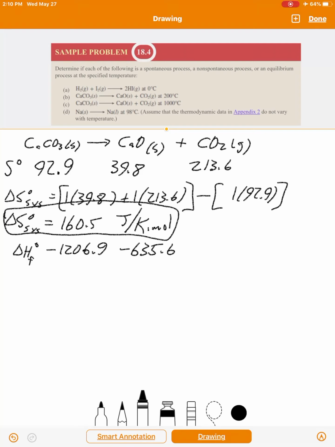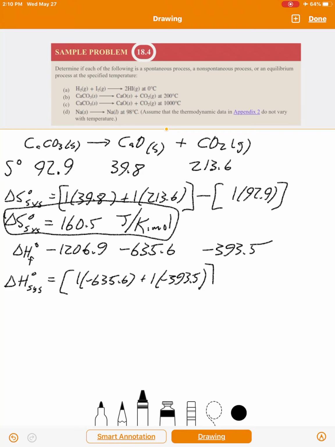And then for CO2, it's negative 393.5. Okay. So now delta H of the reaction, or we'll call it delta H of the system, would be products minus reactants. So CaO, put in brackets, 1 times negative 635.6 plus 1 times negative 393.5 products, minus 1 times negative 1206.9.